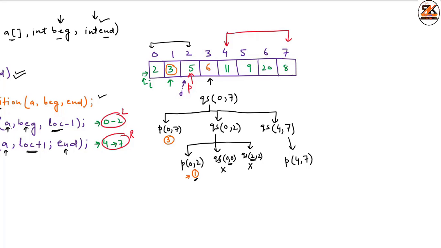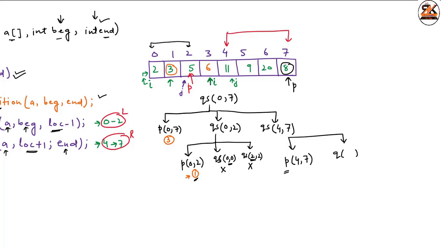Then we call the quick sort algorithm, but it depends on some value that will be returned by this function. So in this case we select this 8 as the pivot element, and we take i and j values. j is pointing to this position and i is pointing to this position.